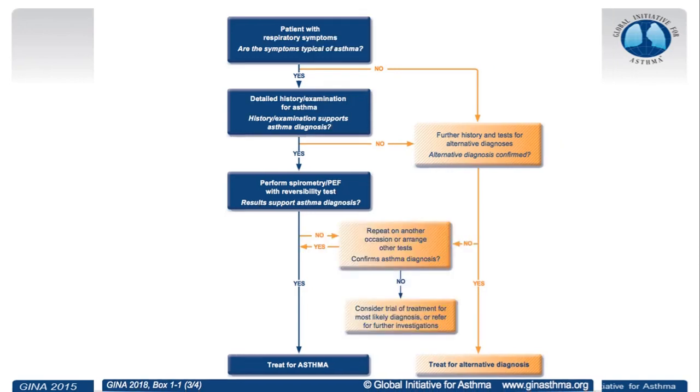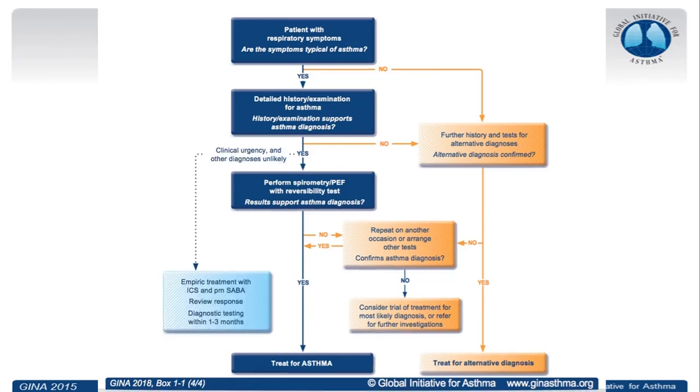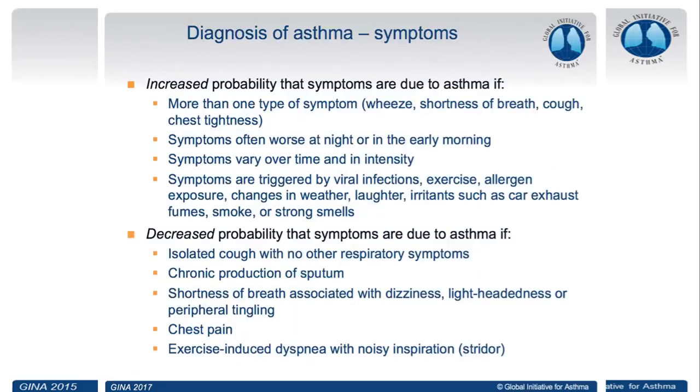And sometimes asthma is not clear from the start. We can repeat the asthma test, sometimes with a provocation test or asthma challenge test. We can also start empiric treatment with ICS and PRN, as needed, short-acting beta agonist, and review the response and diagnostic test within 1 to 3 months.